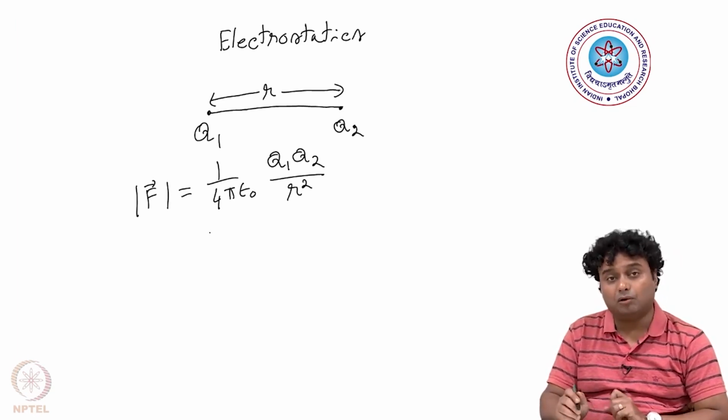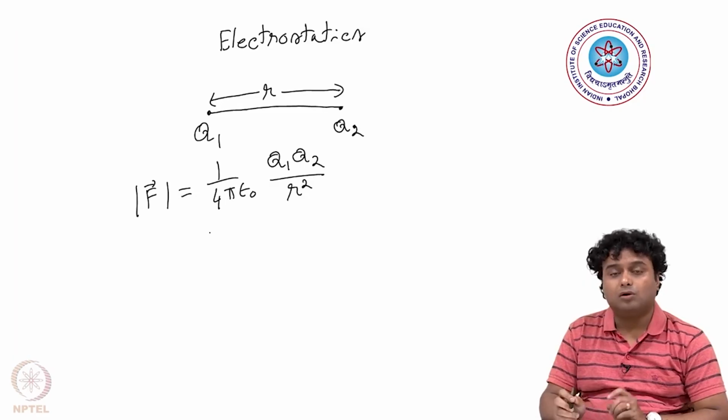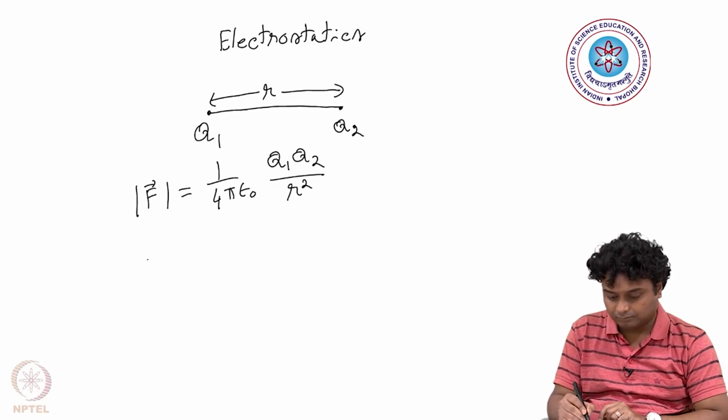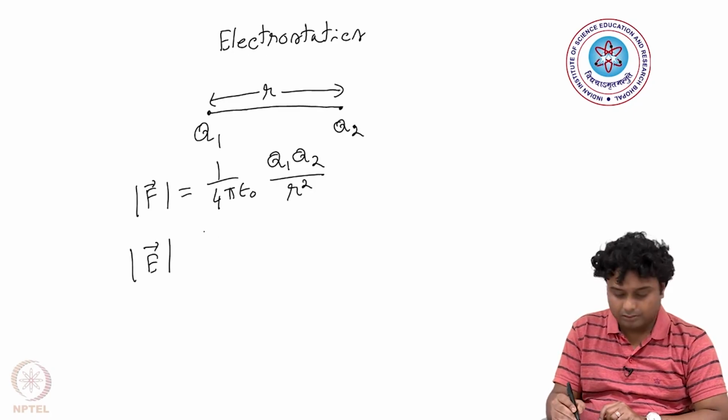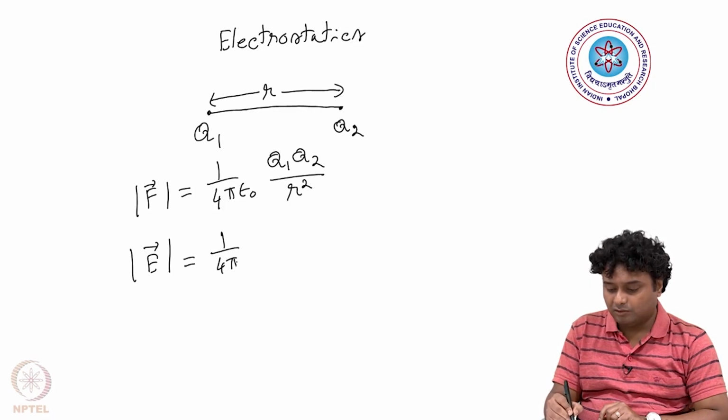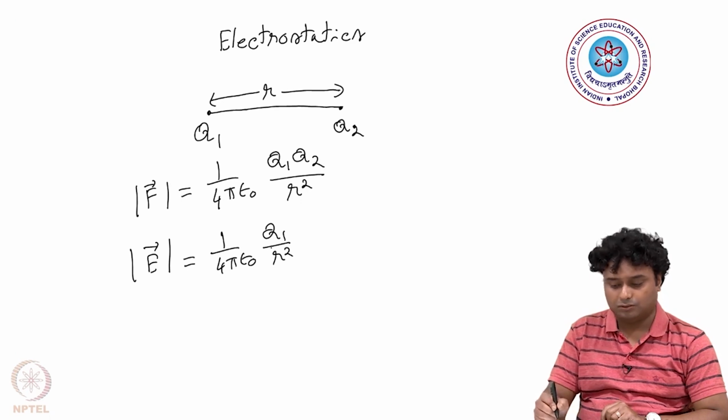And this is the force. Now what is the field? Force per unit charge. So the electric field on one charge due to the other, let's say on Q2 because of the Q1 charge, is 1 by 4 pi epsilon naught into Q1 by r square.